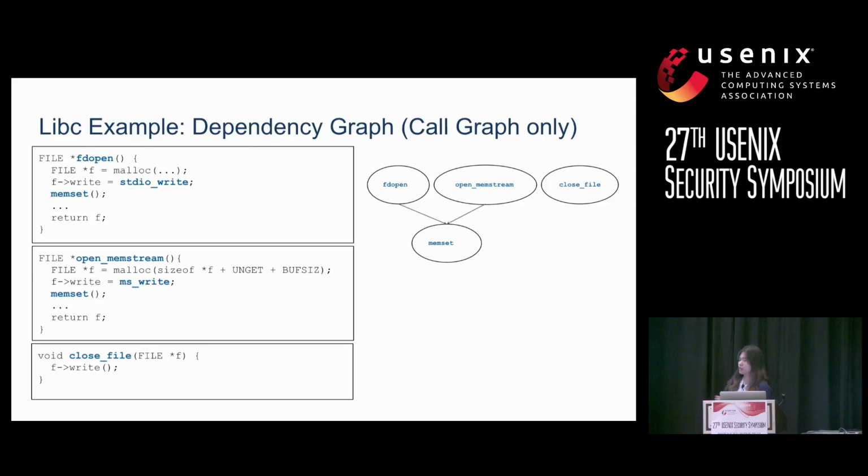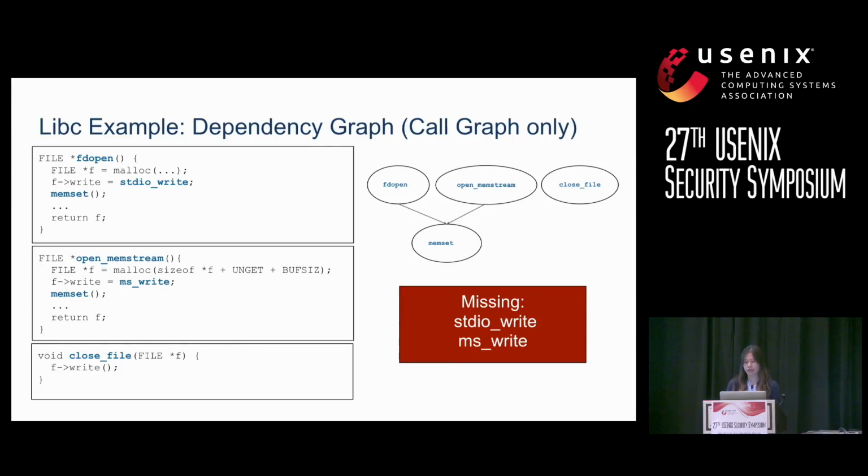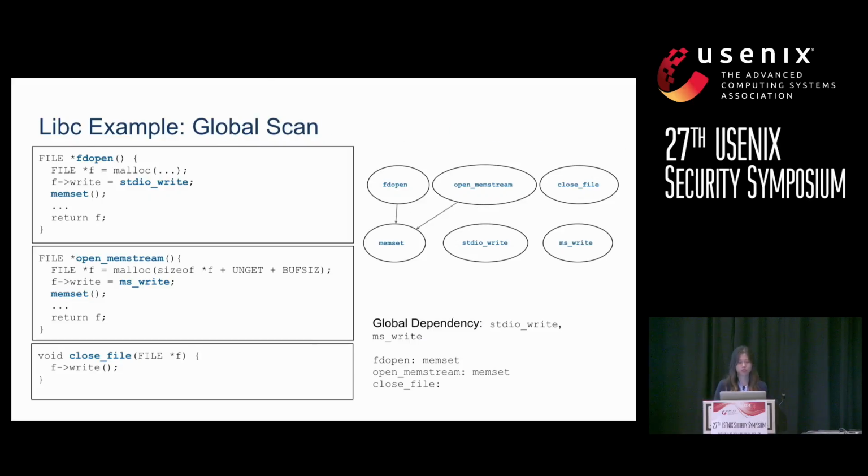So the initial version of the code graph, you can see on the right-hand side, is missing the targets for the dependency for the indirect branch in close file, which we know that the two possible targets are stdio write and ms write.